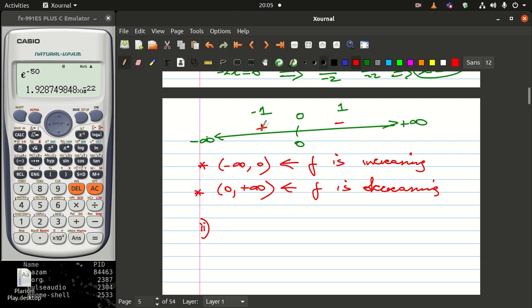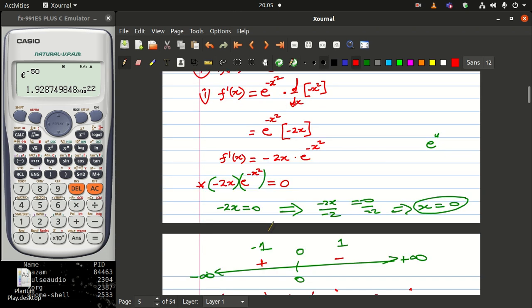Now, from there, we go to Roman numeral 2, which says classify this. You can see that the function was moving from increasing to decreasing, which means that at x is equal to 0, we are looking for f of 0.